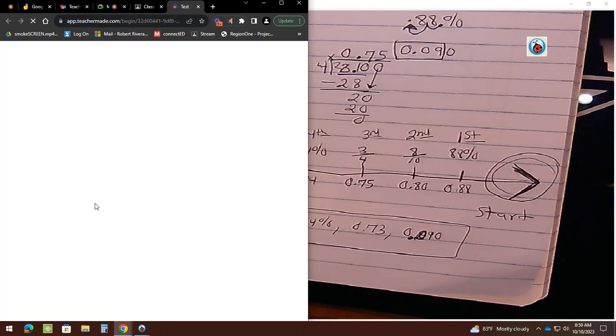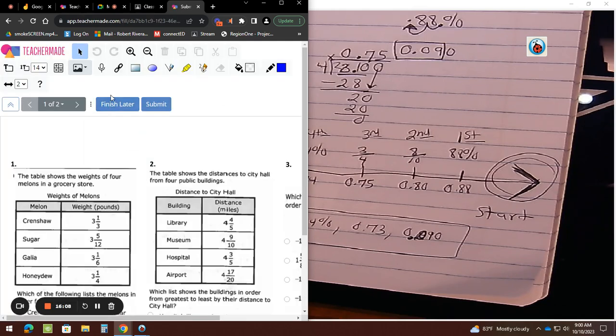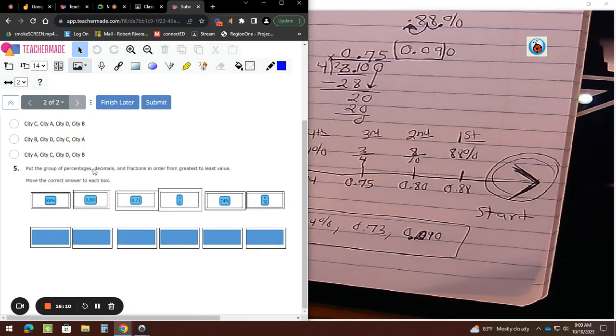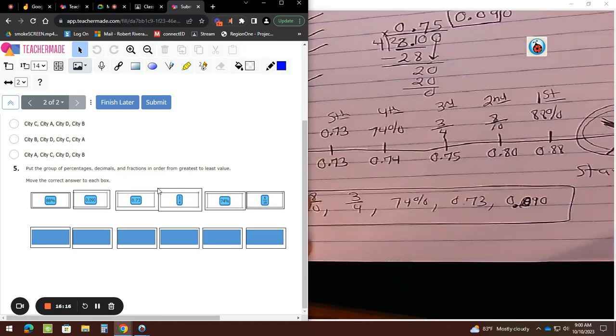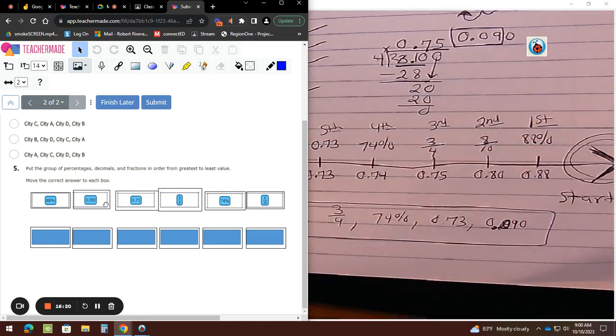Test 1. And we're doing number 5. Now look, what some of you did is this. Since 88% was to the right, you drag him to the right.